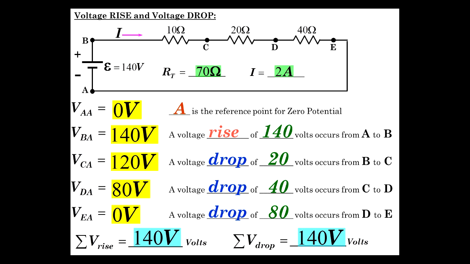If you say V rise and V drop, you have the same number. V rise you can think of as positive, V drop as negative. So the algebraic sum of the voltages around a circuit really adds up to 0. Does that make sense? Very good. We'll stop the discussion for now, hit some other ideas very soon.